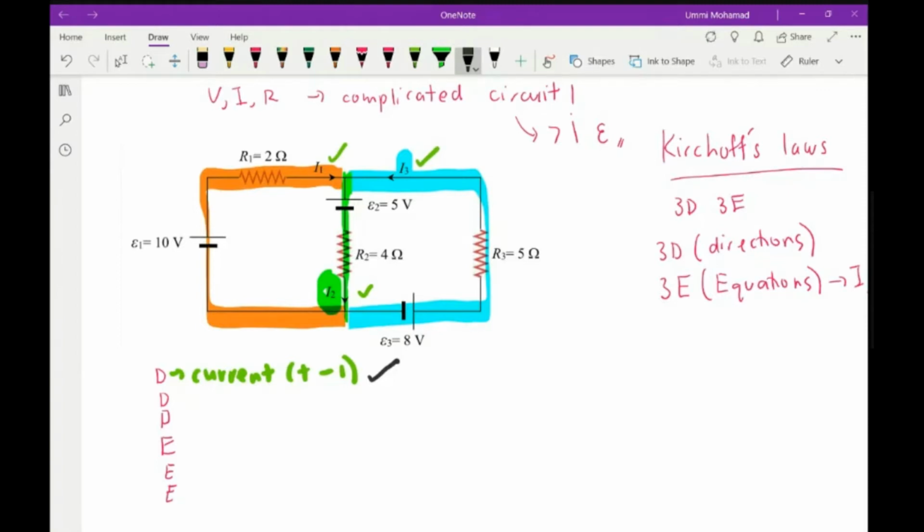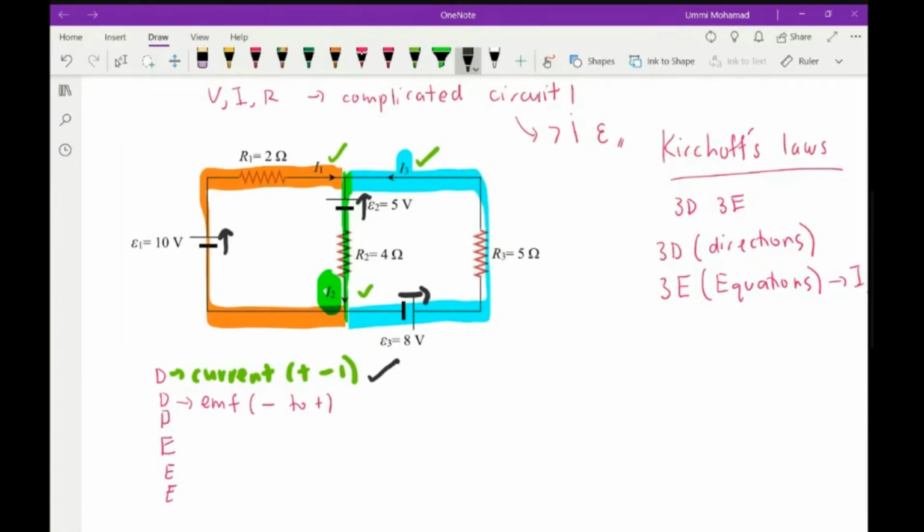And the second D is for direction of EMF. The direction is supposed to be from negative to positive. So at every EMF we have here, you have to label negative to positive, negative to positive, negative to positive.